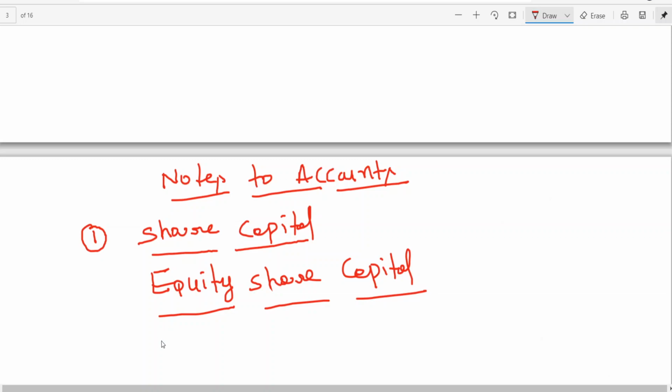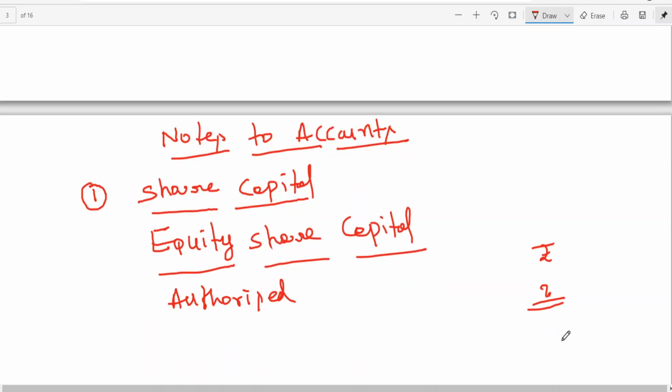We don't have information of authorized. So when authorized is not given, and mind you, this is current year figures only because we don't have any information of previous year. I have told you even when I was explaining the format. Authorized is question mark. When you don't know, you put a question mark.